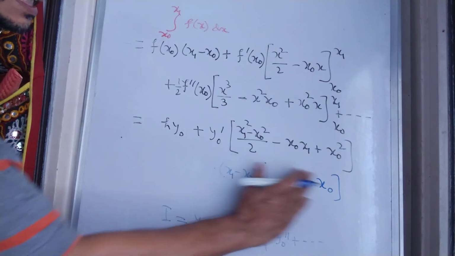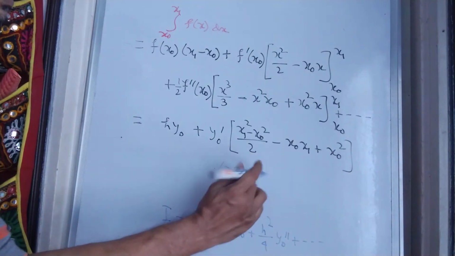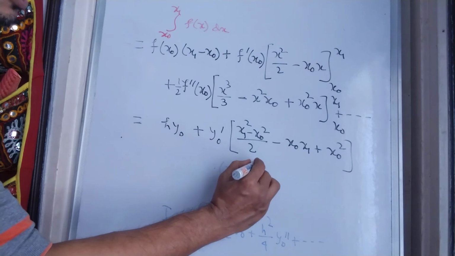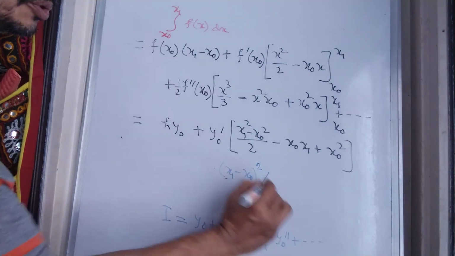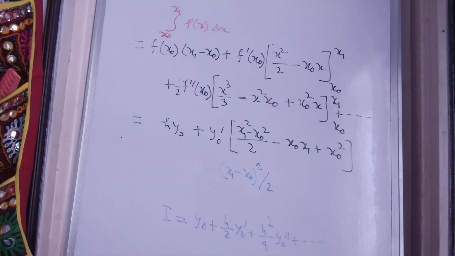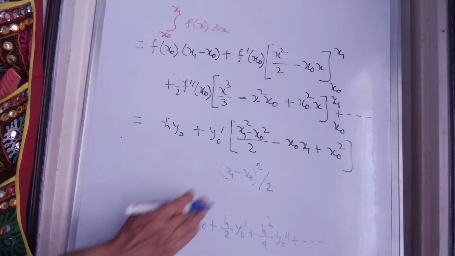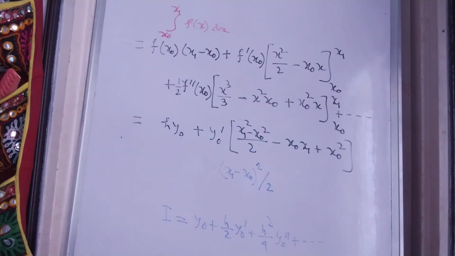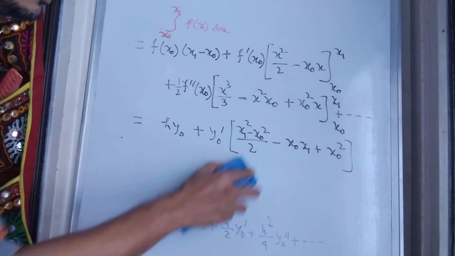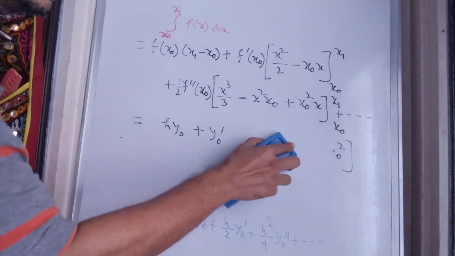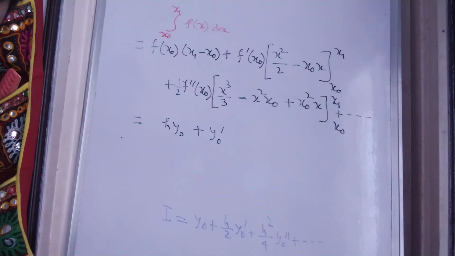So actually this term is evaluated as (x1 minus x0) square by 2. Okay, so we can replace this term with h square by 2.